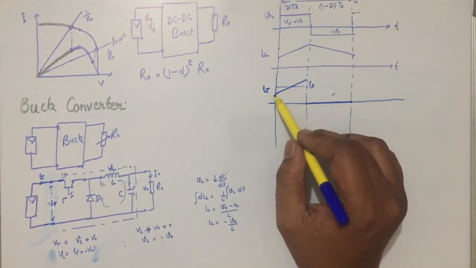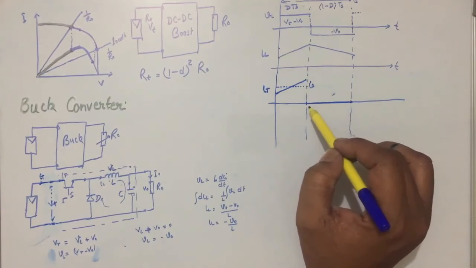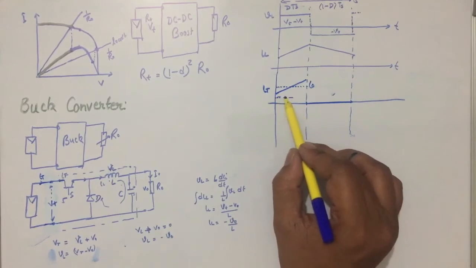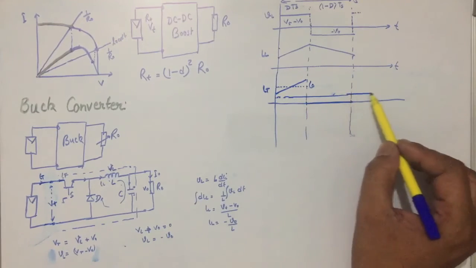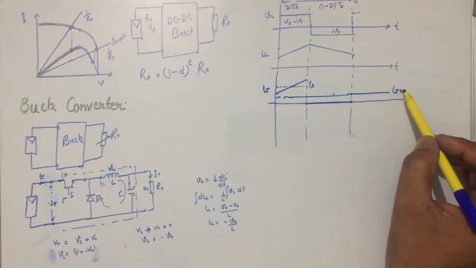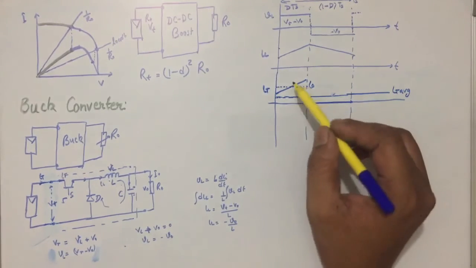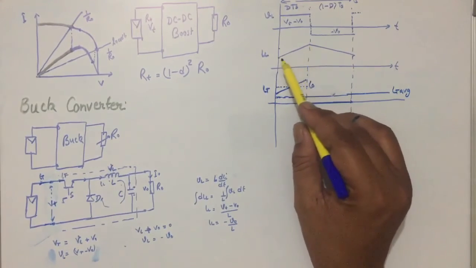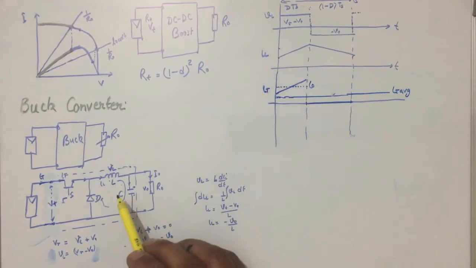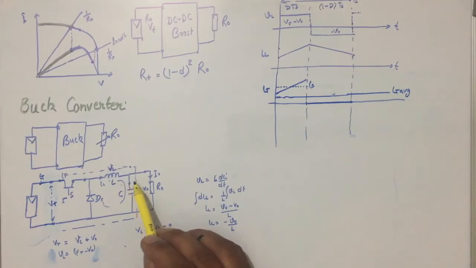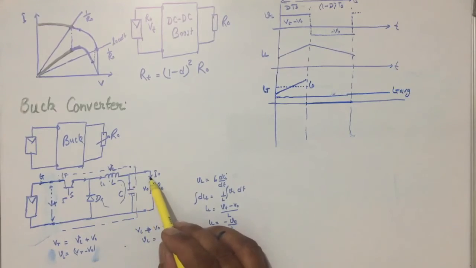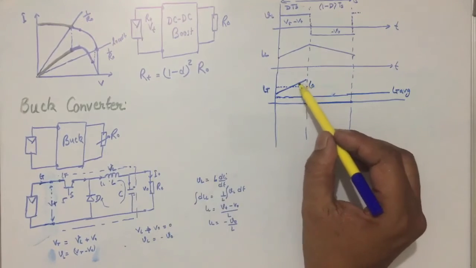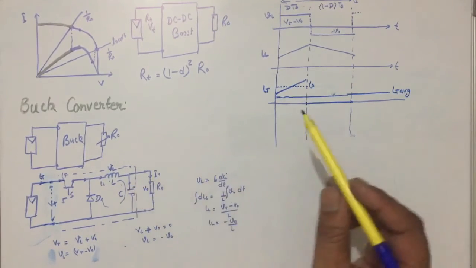During the on period it follows this, during the off period IT is 0, and if we talk about the average, then this is IT average. During the on time IT follows this path, it will be the same as IL, and this IT will be the sum of this current and this current. This current is I naught, this is the remaining current, the remaining ripple comes from here.